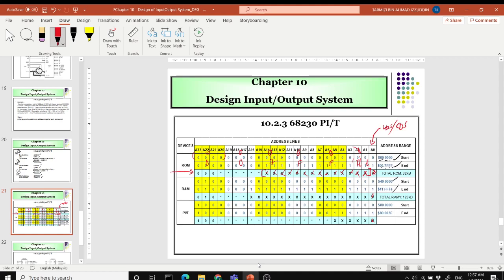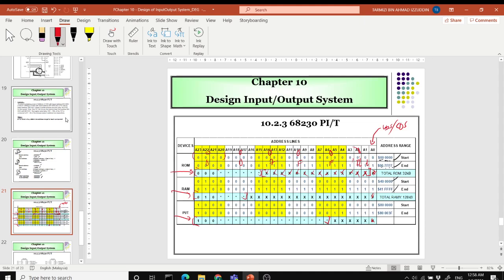So you do that again for the next two devices, your RAM and your PIT, and then you're going to find out the pins that don't change, this part, all of this part here. So these are the pins that don't change their address value.